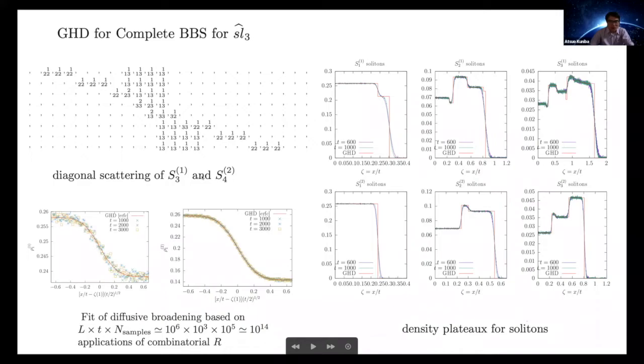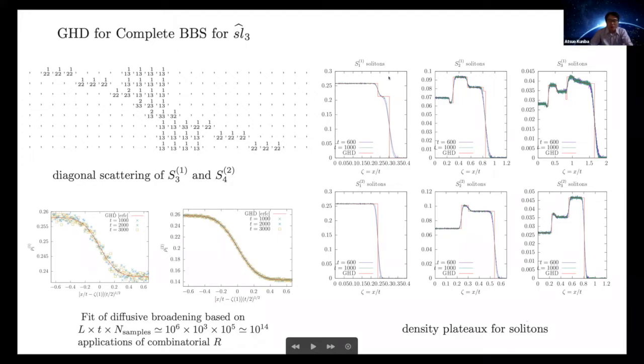Sorry, our naming is S13, where 3 refers to the amplitude of the soliton and 1 to 4. So S24: this 4 refers to the length of the soliton, and this upper index refers to the color of the soliton. But the point is, all the solitons are labeled by just 2 indices. That's a remarkable simplicity of this complete BBS.